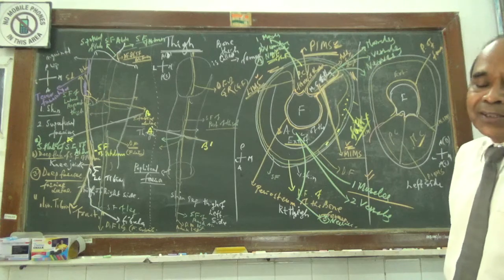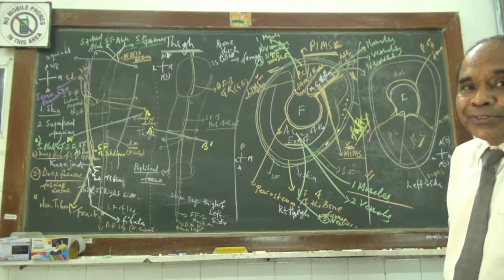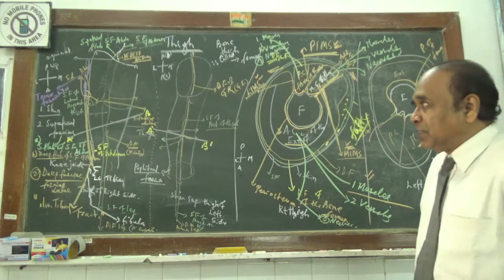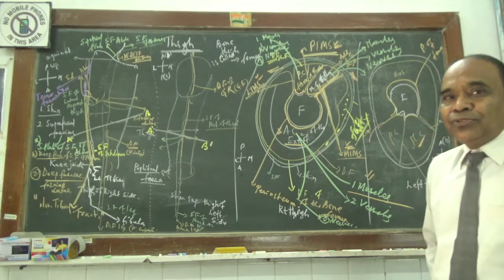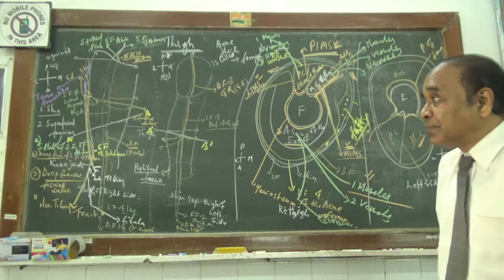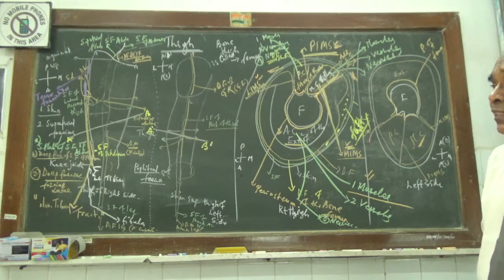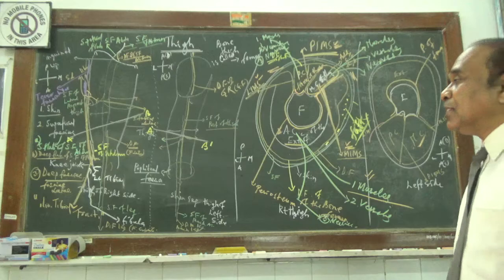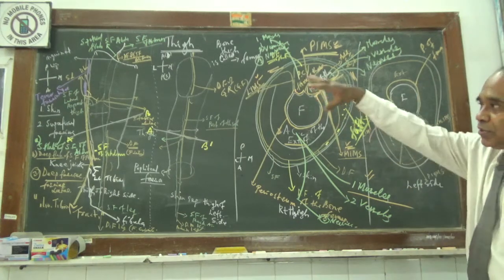Behind it has the attachment of the gluteus maximus. Superficially and deeply, it is related to the superficial and deep layers of the deep fascia of the thigh, the fascia lata. So this is what is related to that.